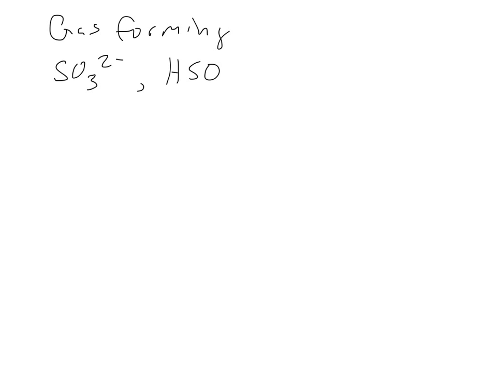The next reaction we're going to talk about is when we have our gas-forming reactions. Our gas-forming reactions are going to be when we have sulfites, SO3 2-, hydrogen sulfites, HSO3-, sulfides, S2-, hydrogen carbonates, HCO3-, and carbonates, CO3 2-.